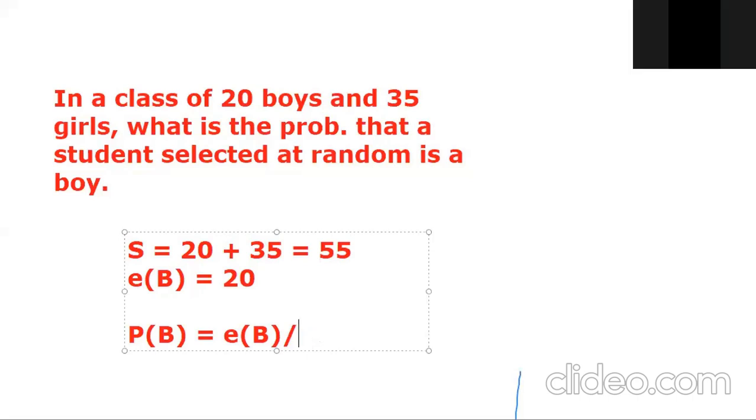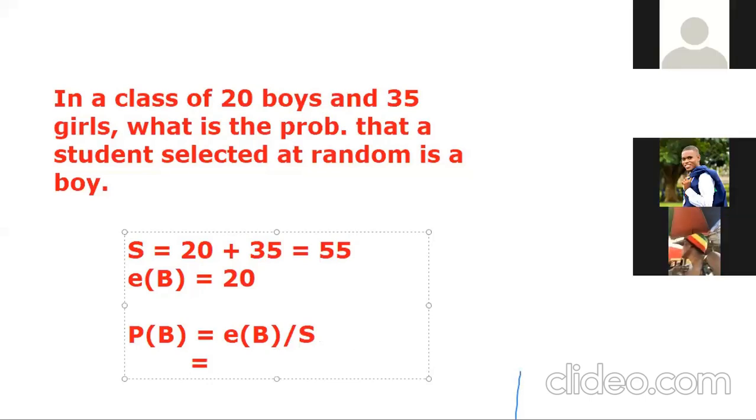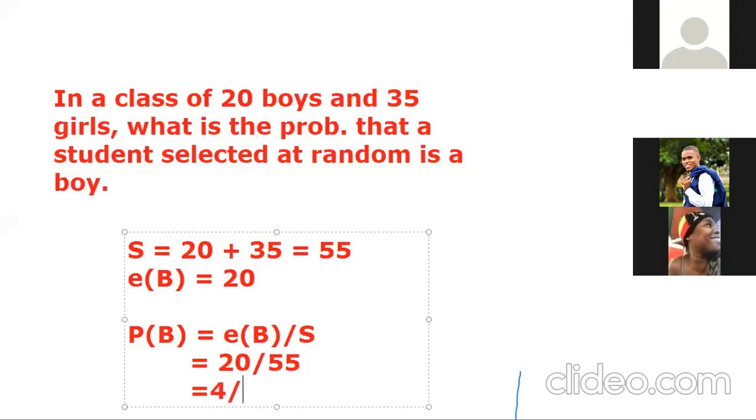The event of picking a boy is 20, and the total sample space is 55. Therefore, the probability of a boy being selected is 20 over 55. And as you know, we can simplify this to its lowest term, which is 4 over 11.